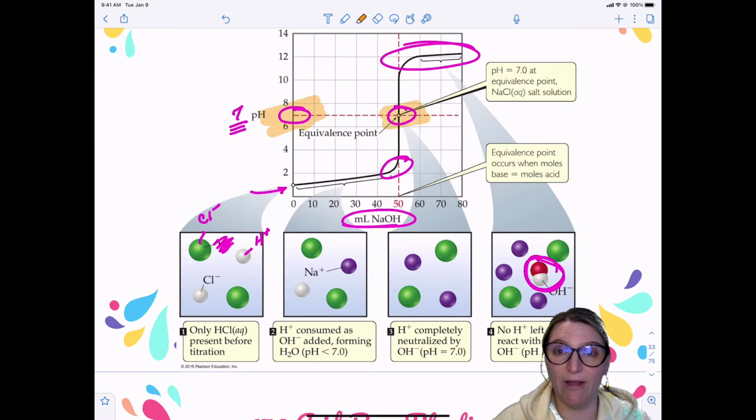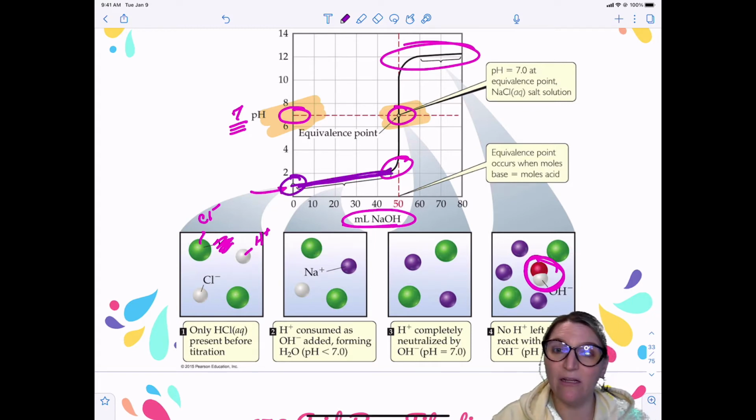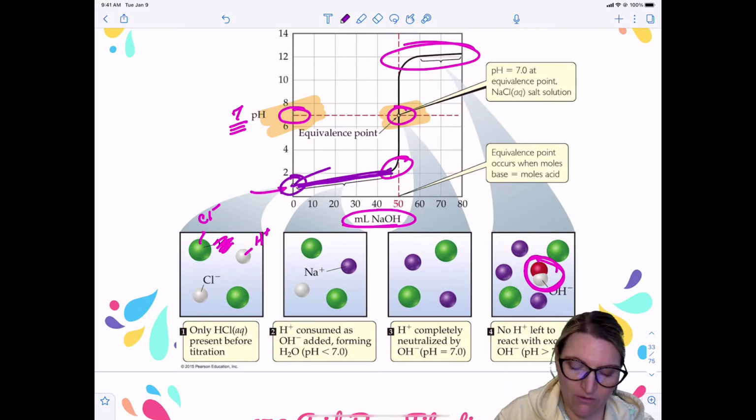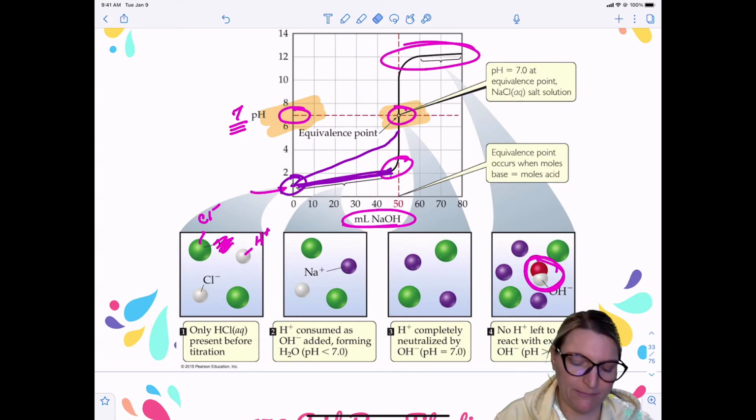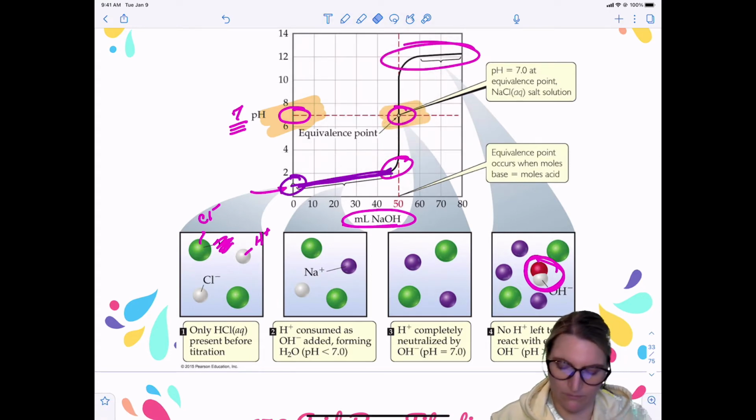That won't happen when we have a weak base or a weak acid. The other is starting out low and having a really small slope right up until the equivalence point. What we'll notice when we have a weak acid, strong base is that it will have a higher slope there. Those are the differences between the two.